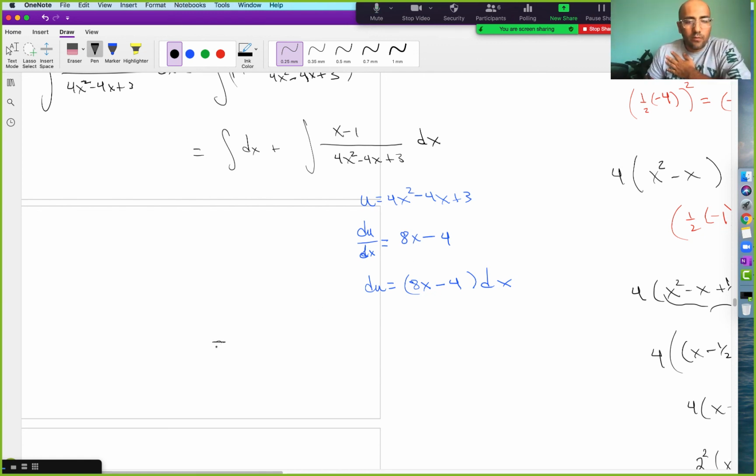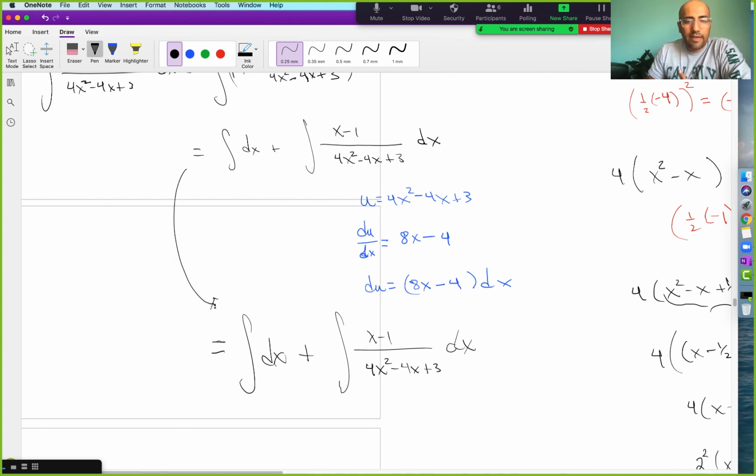So we want to say this is equal to the integral of dx plus the integral of x minus 1 over 4x squared minus 4x plus 3 dx. And so I'll just copy that back there again.